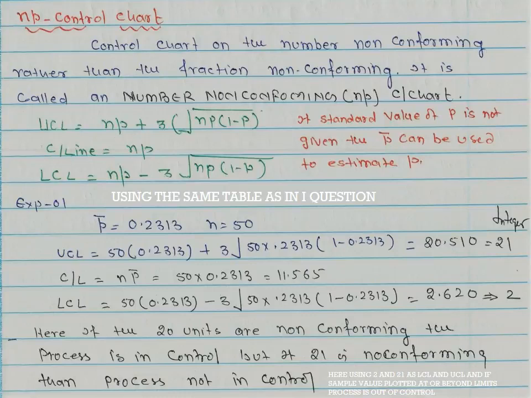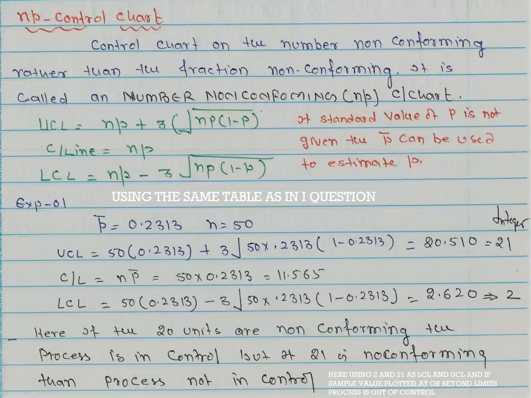The central line is NP. The lower control limit is NP minus 3 square root of NP(1 minus P), because here we are not taking the fraction defectives, so there is no denominator. So if the standard value of P is not given, then P bar can be used to estimate the value of P.